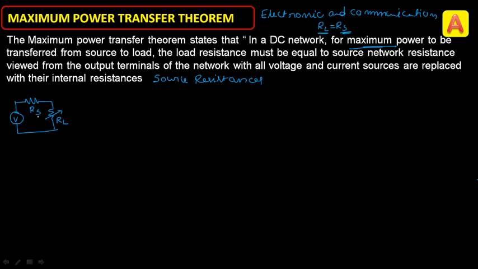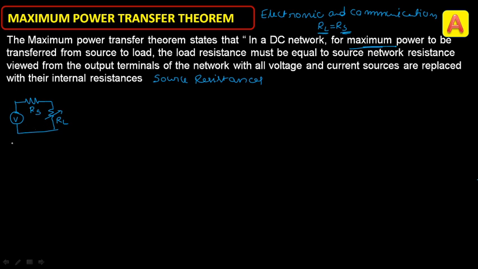Here RS is the source resistance, meaning the internal resistance of the circuit along with the source resistance.